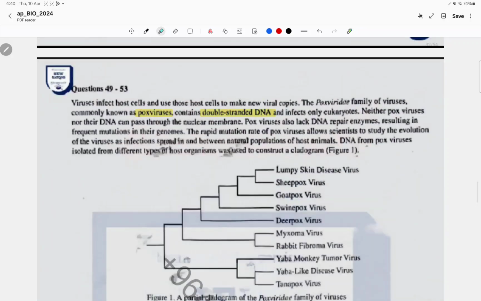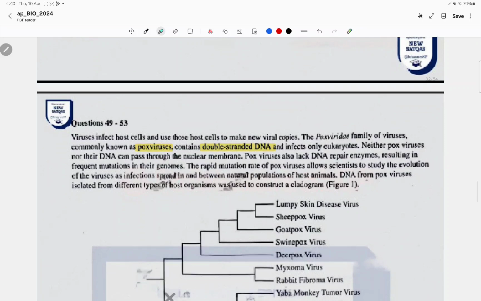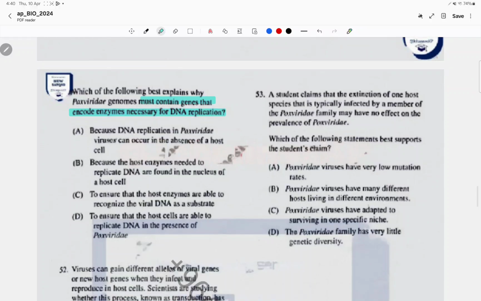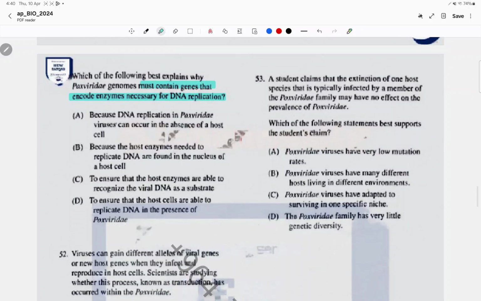So look, in the beginning of the question, we were told that pox viruses lack the DNA repair enzymes, and the pox viruses and their DNA both cannot pass through the nuclear membrane. They cannot enter the nucleus. That means they have to copy their DNA outside of the nucleus. And all the enzymes in the host required to copy the DNA are found inside the nucleus. So they better bring their own stuff with them.